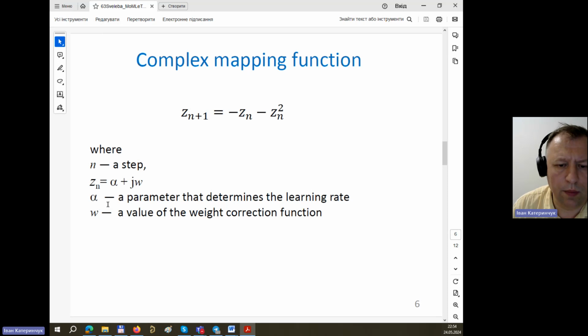The different colors represent the speed of moving away from the solution of points that are not included in the solution of the system.